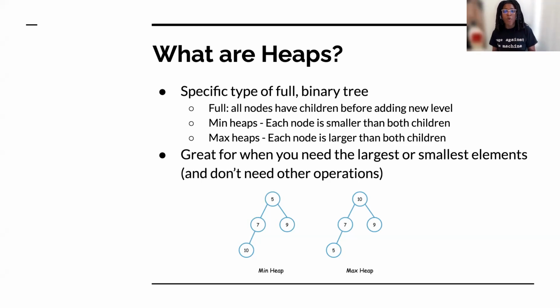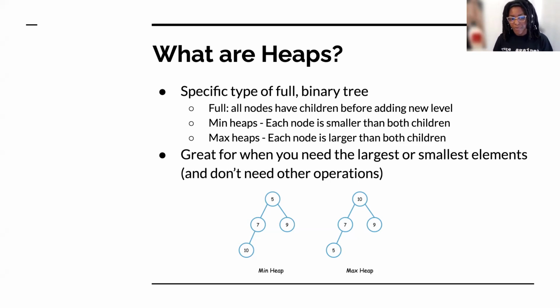And then also they're organized by whether they're a min heap or a max heap. If they're a min heap, the root has the smallest value, and all of the nodes are smaller than either of their children. And in a max heap, it's the same thing, but reversed. The root node is the largest value in the tree, and all of the nodes are larger than either of their children.